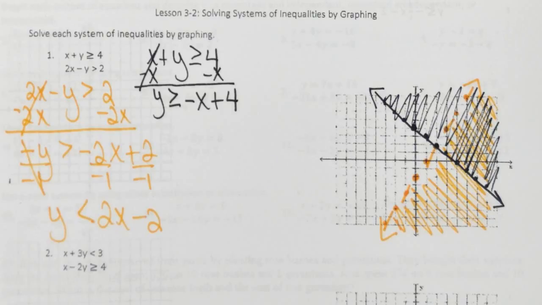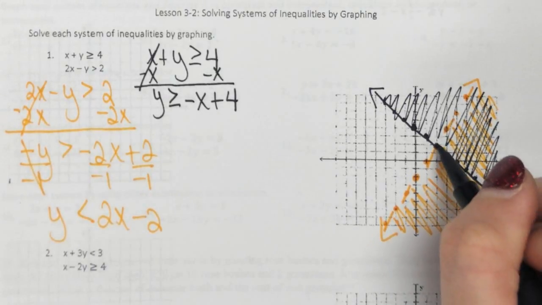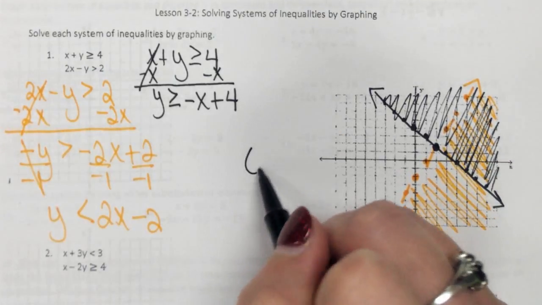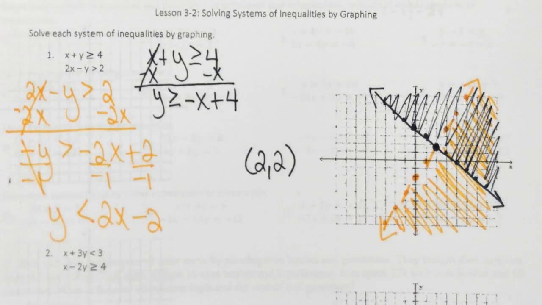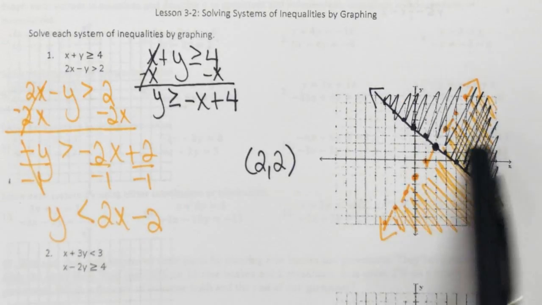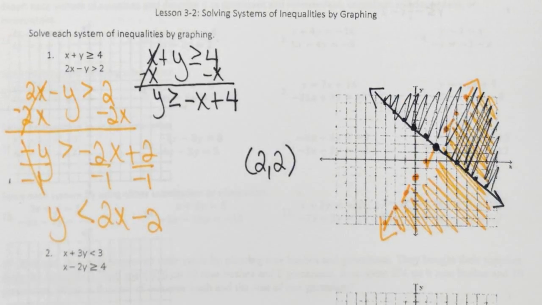All right, now, what I'm looking for, my answer, the part that I'm going to shade the darkest, is where the two shadings cross. Where do the two shadings cross? 2, 2 is my point where they're equal. But where does the shading cross? See all this shading everywhere?